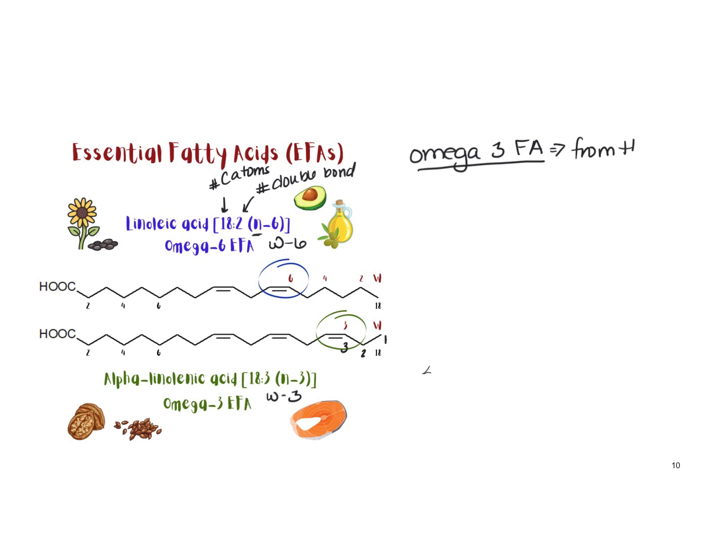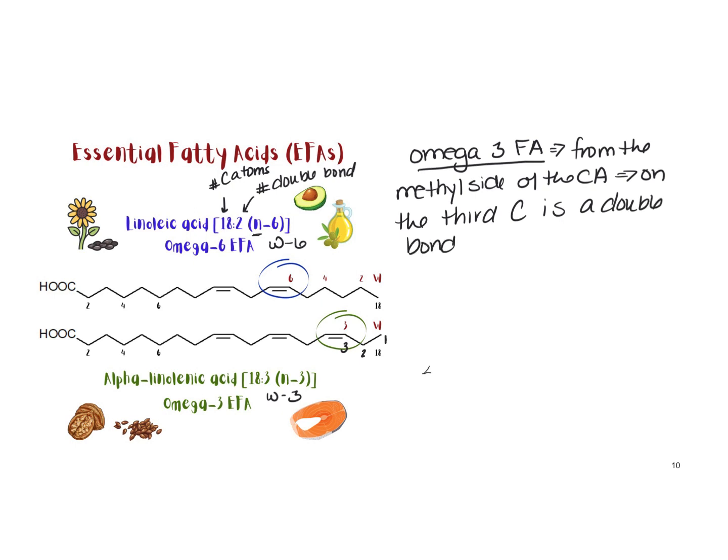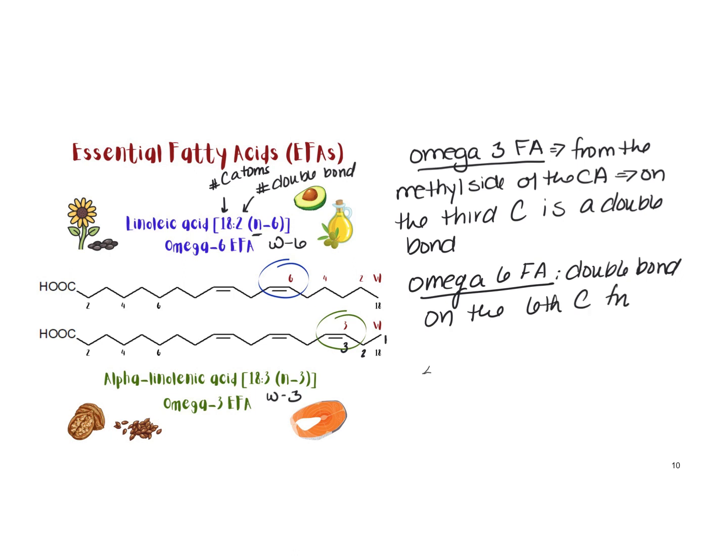So from the methyl side of the carboxylic acid on the 3rd carbon is a double bond. And then an omega 6 fatty acid has a double bond on the 6th carbon from the methyl.